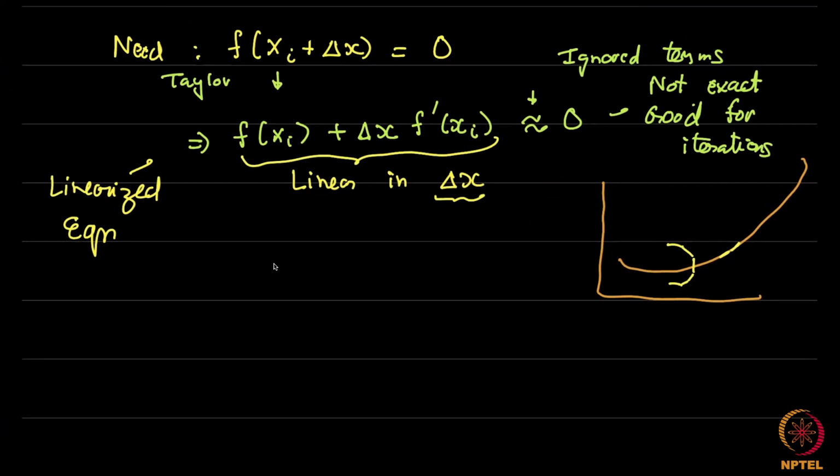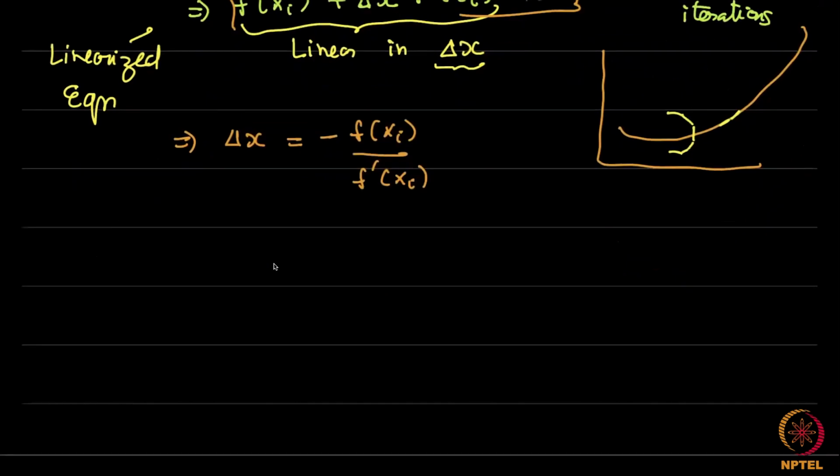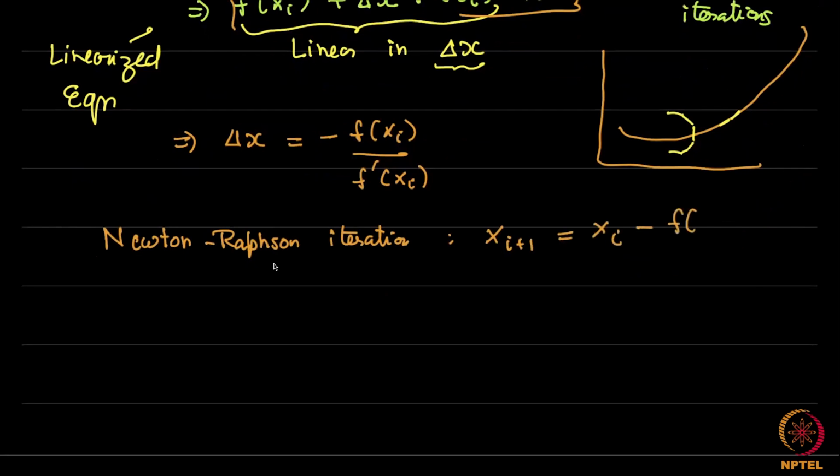So this is simple. We already know how to solve this equation, and like I said, this is trivial. You can now say delta x is minus f of x_i by f prime of x_i. So overall, you can write the algorithm, the Newton-Raphson iteration, as x at i plus 1 equals x at i minus f of x_i by f prime of x_i.